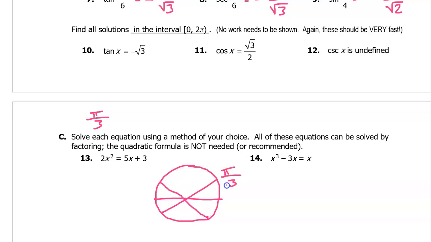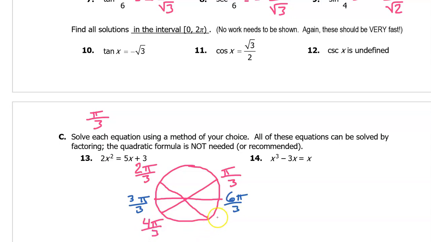They are pi over 3 in the first quadrant, and over here on the left-hand side, this pi, we can think of as 3 pi over 3, and on the right-hand side, we can think of this as 6 pi over 3. And that helps you remember that in the second quadrant, this will be 2 pi over 3. And in the third quadrant, this will be 4 pi over 3.